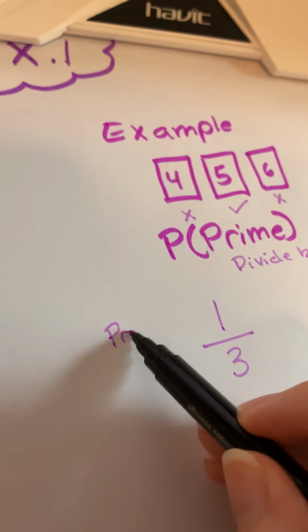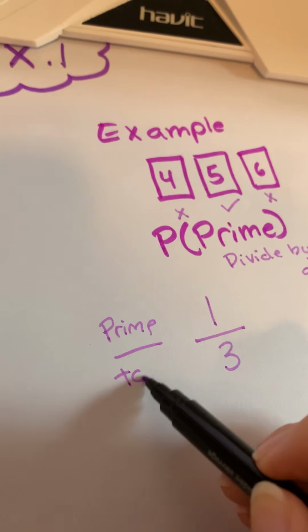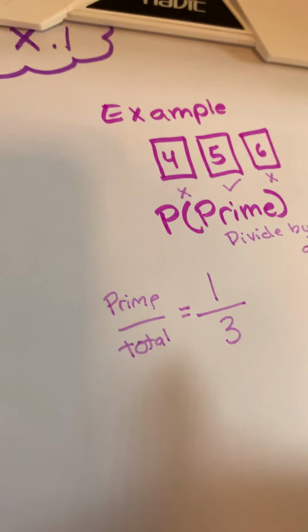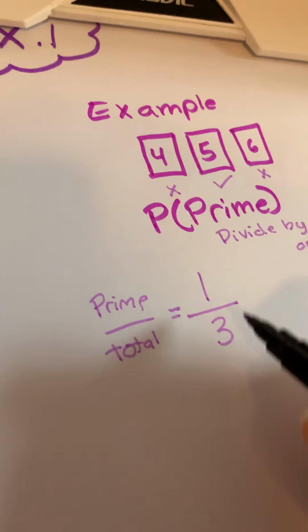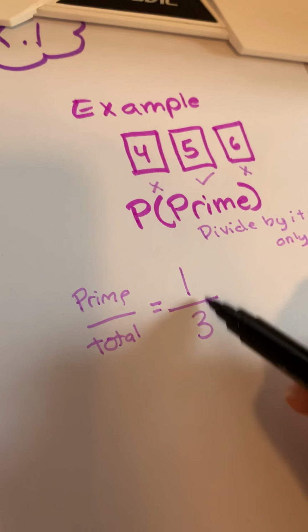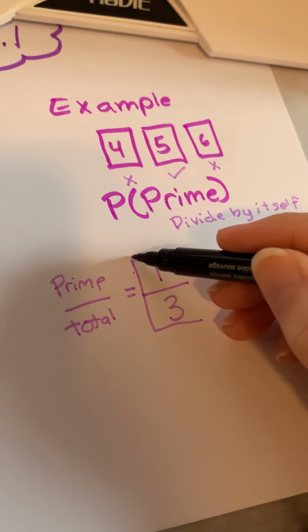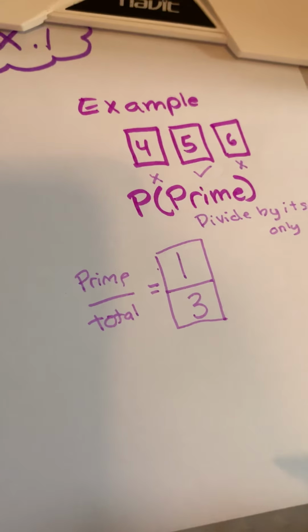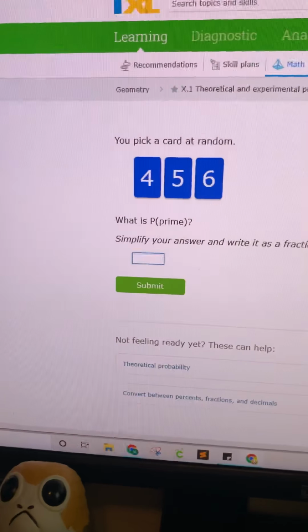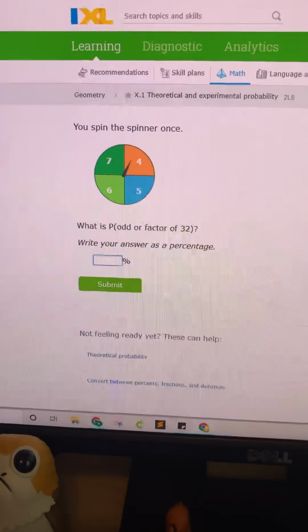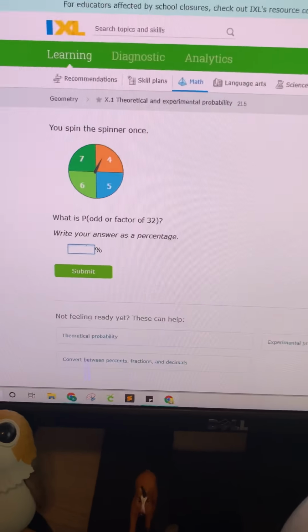So we got that by putting the primes over the totals. So when we're done here, we've got 1 over 3. 1 over 3 isn't going to reduce as a fraction, so that's going to be the answer. So in here, we're going to put 1 over 3. Terrific.